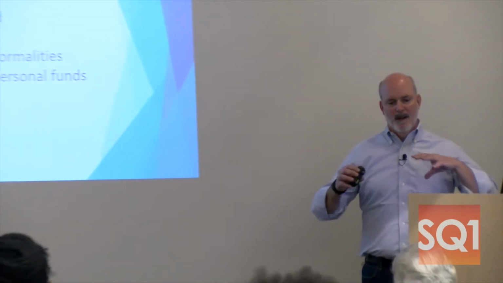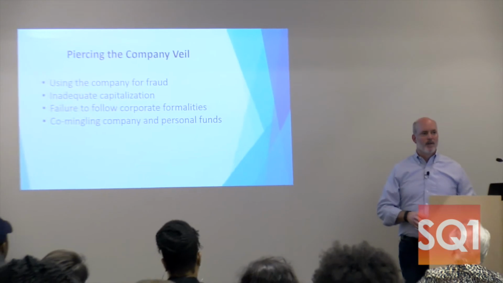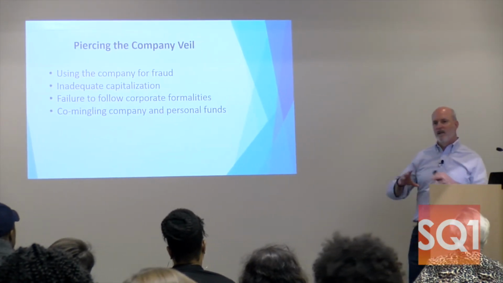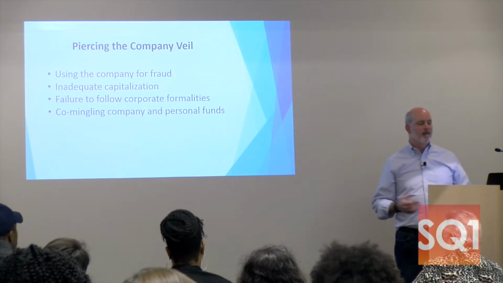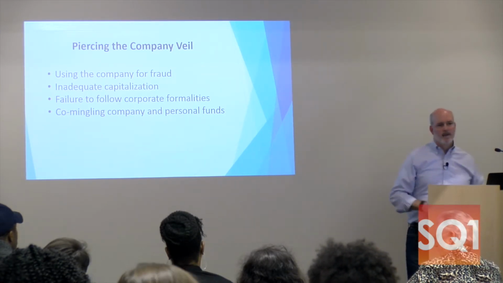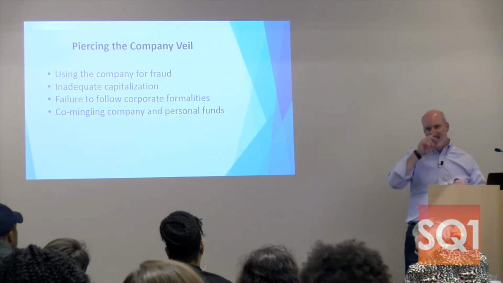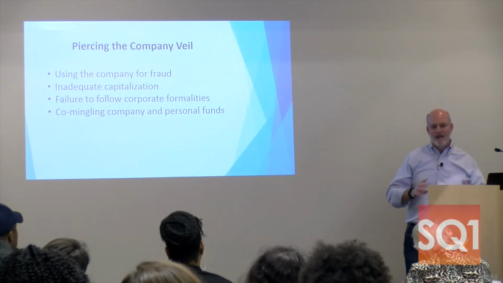So first, piercing the company veil. Basically, this is a judge-made solution to the problem of people abusing the corporate entity to defraud the public. You form a shell company. The company does all kinds of bad stuff.